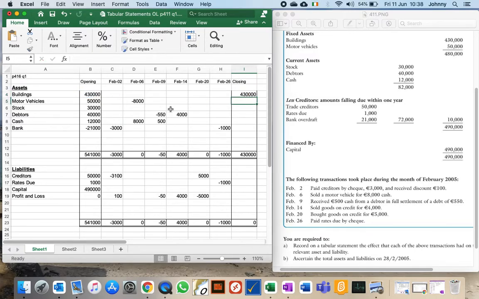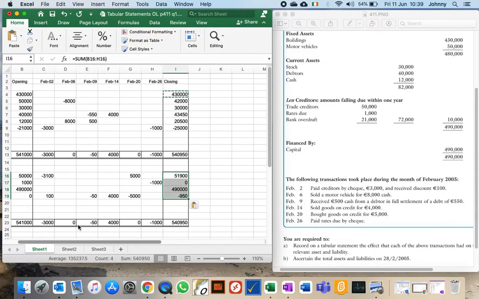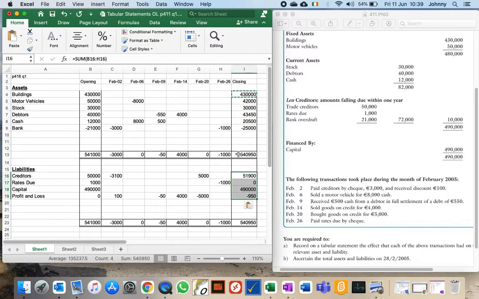With buildings, there's no change, but there will be changes in a lot of the other assets. And we do the same thing here. And the liabilities have also changed. And at the end, when we're finished the question, we should end up with the same amount of assets and liabilities. So this is the amount of assets and liabilities, and the two numbers are the same, which means our balance sheet still balances. That's how you do that.